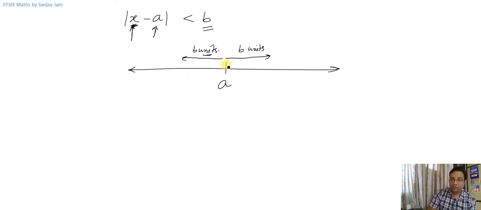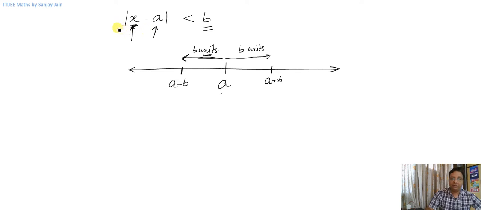When I go b units to the right of a, I will reach the number a plus b, and when I go b units to the left of a, I will reach the number a minus b, obviously, because on the left hand side it keeps on decreasing, and on the right hand side it will keep on increasing.